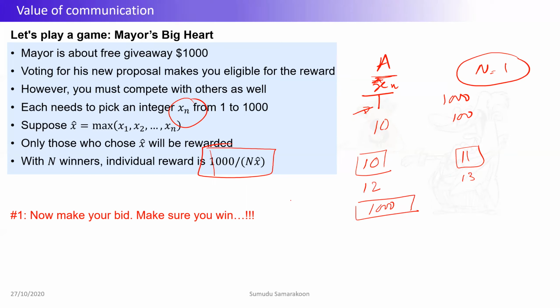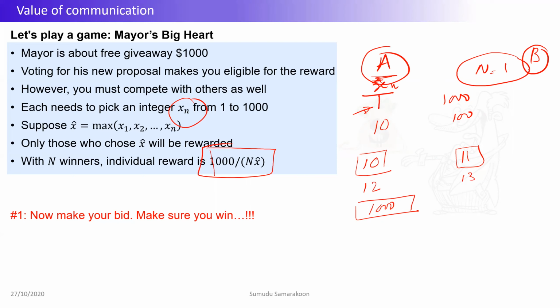But what happened with this? Let's say, for example, 2 players, A and B. In order to defeat B, you are placing this bid because you don't know what B is going to bid. And at the same time, B thinks in the same way because we are now thinking about the rational case, right?